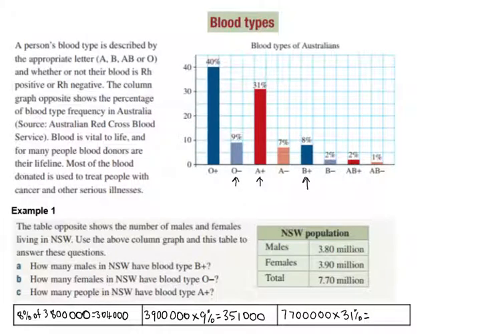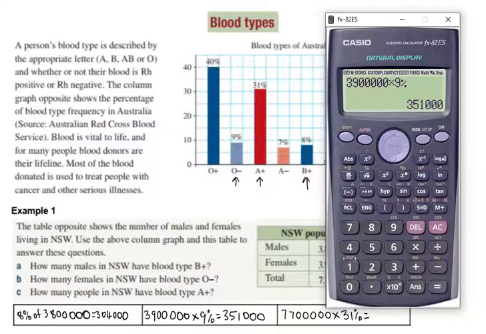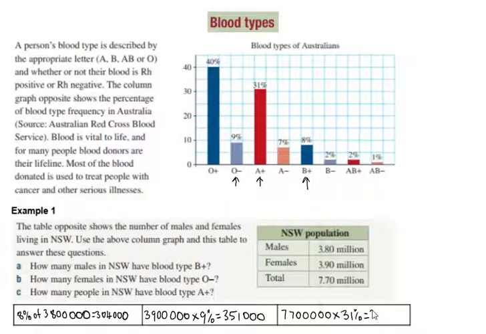And we'll grab our calculators once more, and we'll do 7,700,000 times 31%, which equals 2,387,000. So 2,387,000 people have A positive blood.